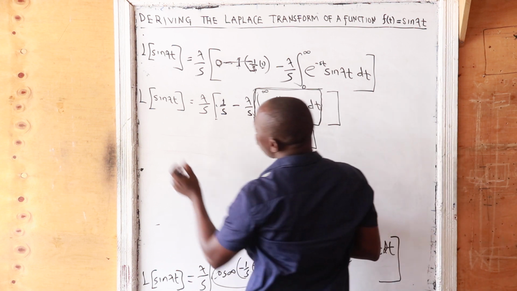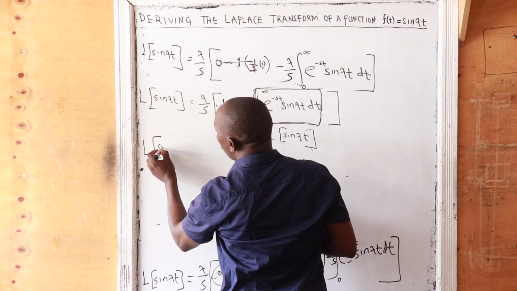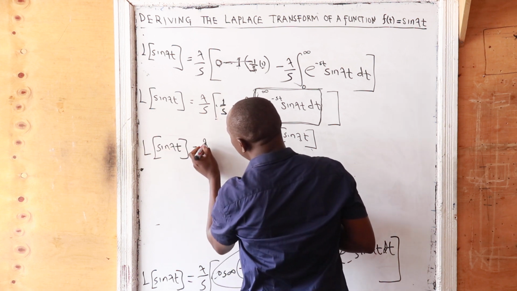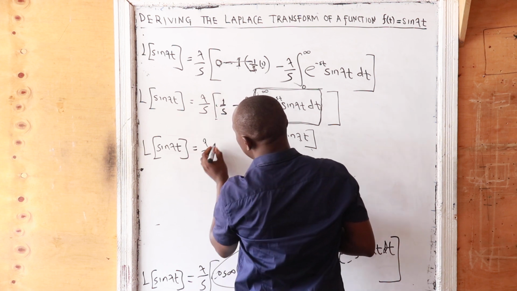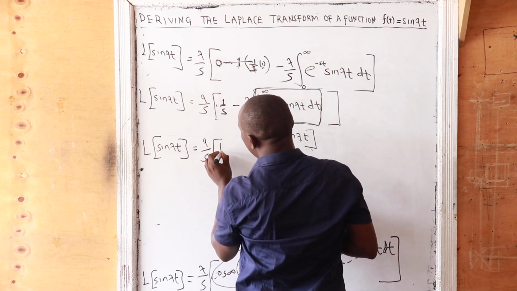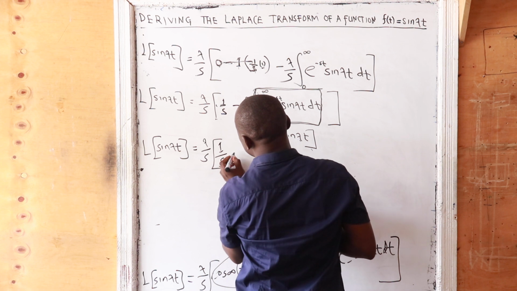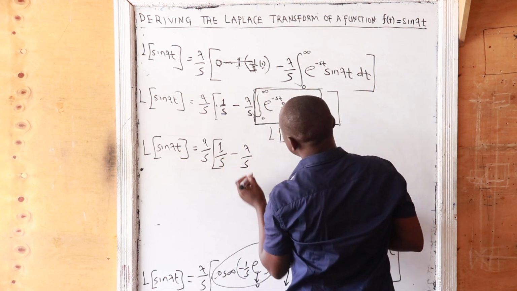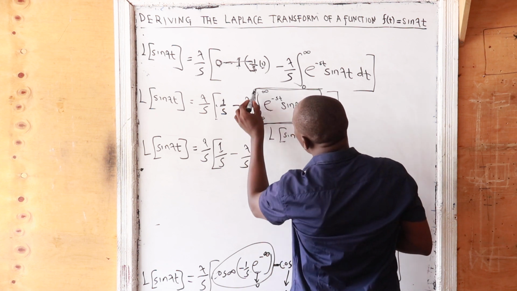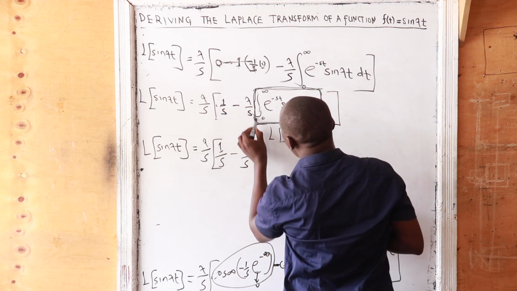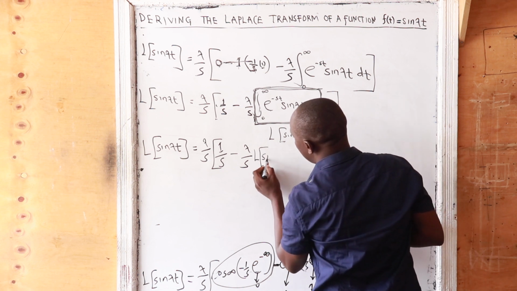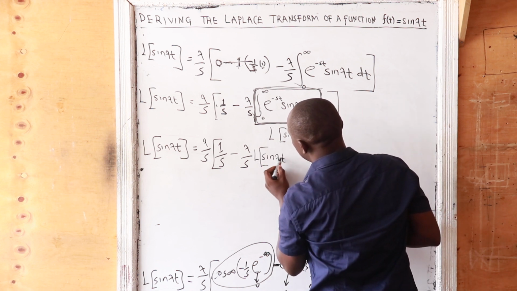We are going to remain with the Laplace transform of sine lambda t being equal to lambda over s, into 1 over s minus lambda over s into the Laplace transform of sine lambda t.